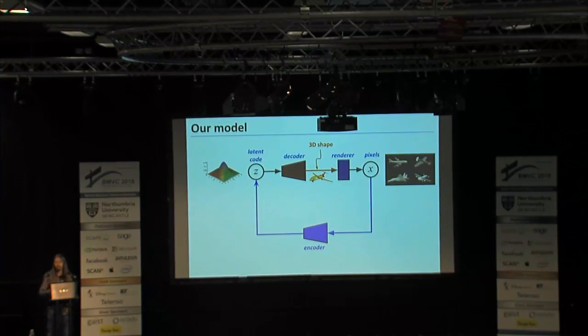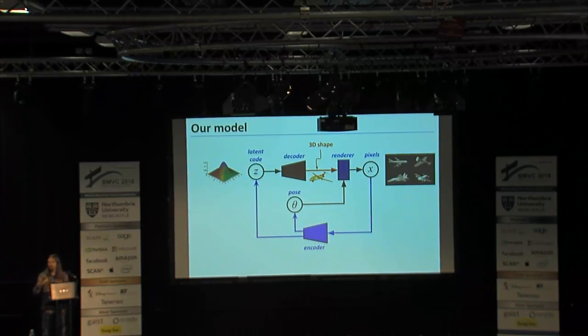And again, to make that training tractable, we have an encoder network that predicts the latent embedding for a given input image. So, we know that in practice, the same object can actually appear at different poses, as well as having different shapes. And so we also add a second latent variable, theta. In this work, that's just the azimuth angle.